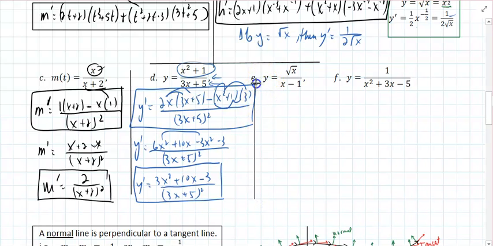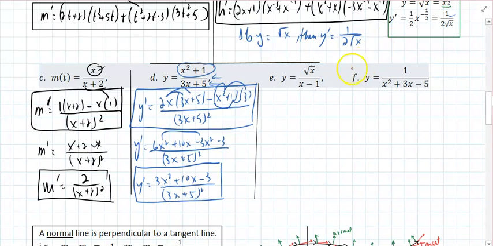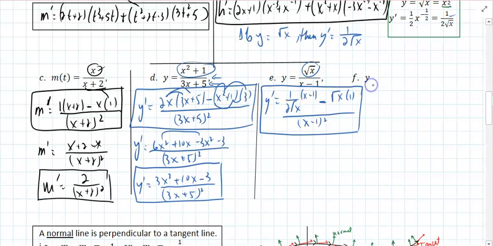If I get to part E, the same deal happens. Part D, well, y prime is derivative of the top, again, it's worth memorizing, times the denominator, minus the top times derivative of the denominator, all over the denominator squared. That's a good enough answer.